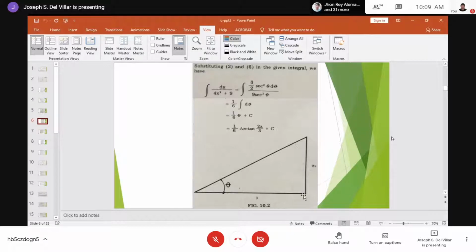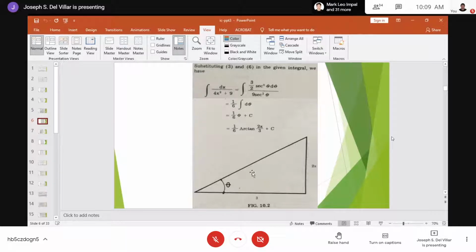So dito, na-label na natin sa right triangle yung dalawang legs ng right triangle. You can already put a value on the hypotenuse using the Pythagorean Theorem. No? So this hypotenuse will now be equal to what? 3 squared plus 2x squared. Okay?